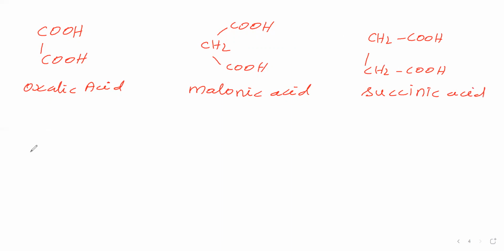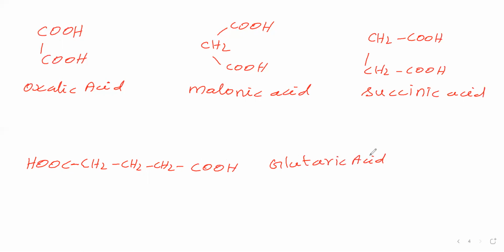Succinic acid. Next, carboxylic acid, CH2 3 times, carboxylic acid. What is the name of this one? Glutaric acid. This name is glutaric acid.